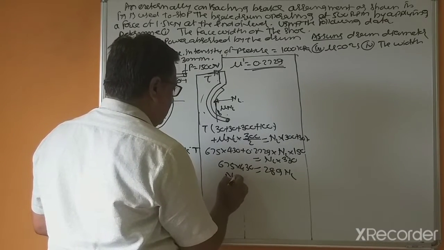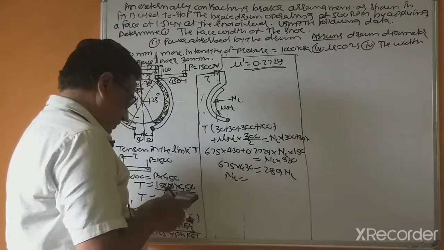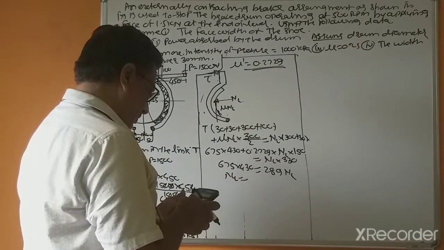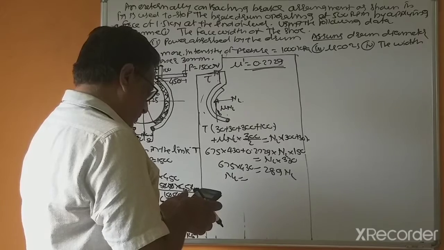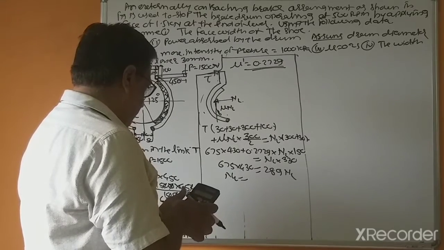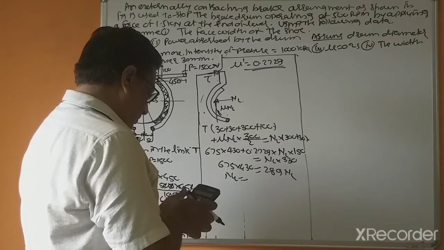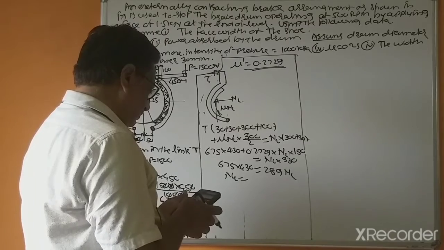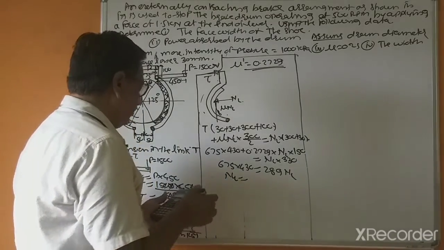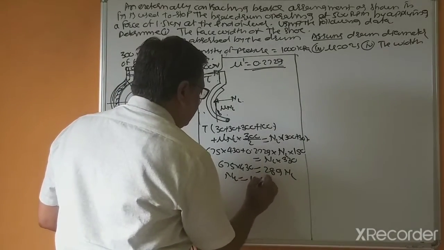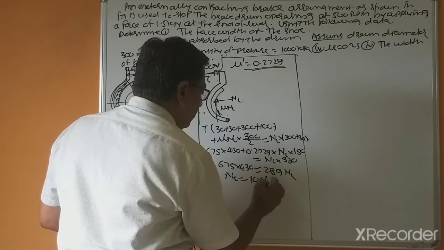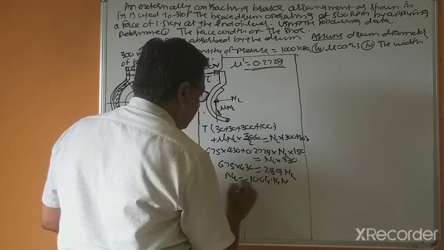So NL equal to 1 divided by the answer multiplied by 675 multiplied by 430. This is equal to 104.14 Newton. NL equal to.